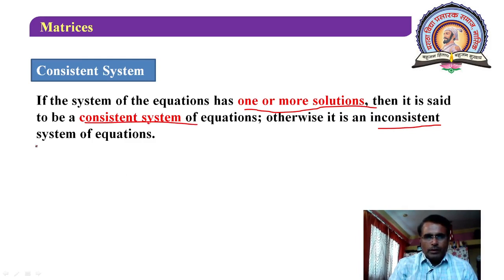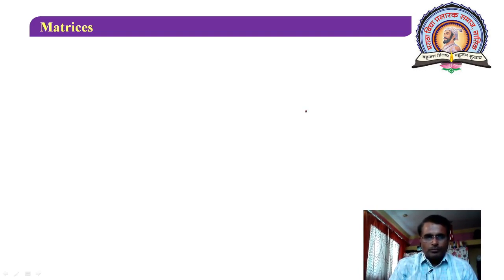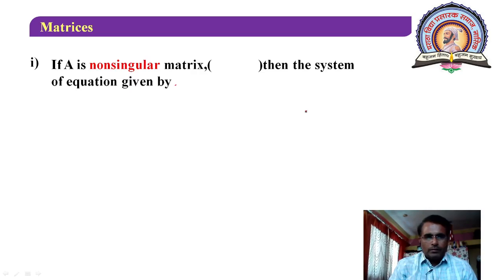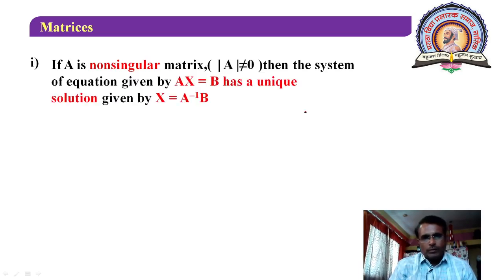It means if there is no solution for the system, then in that case it is called an inconsistent system, and if one or more solutions exist, it is called a consistent system of equations. So we are going to start with the non-singular system.